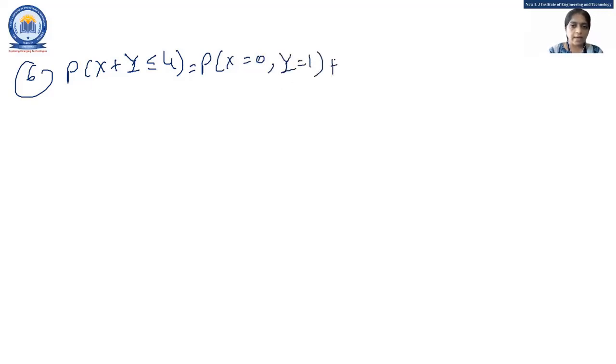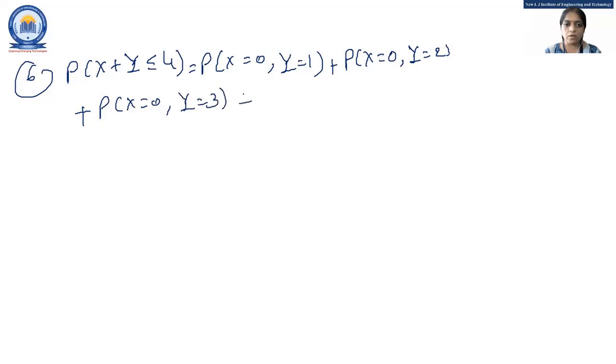First, x0, y2, because the summation of 0 plus 1 is 1, which is less than or equal to 4. 0 plus 2, it is again less than or equal to 4. Then x0, y3, which is also less than or equal to 4. x0, y4.